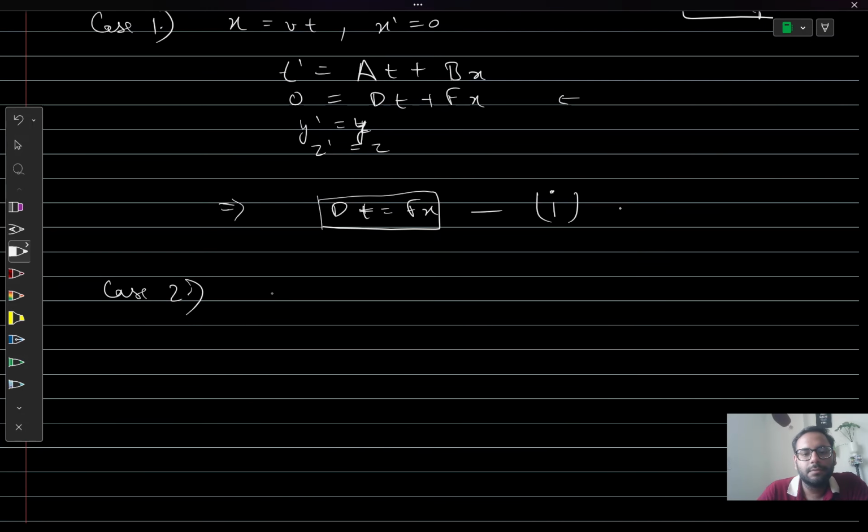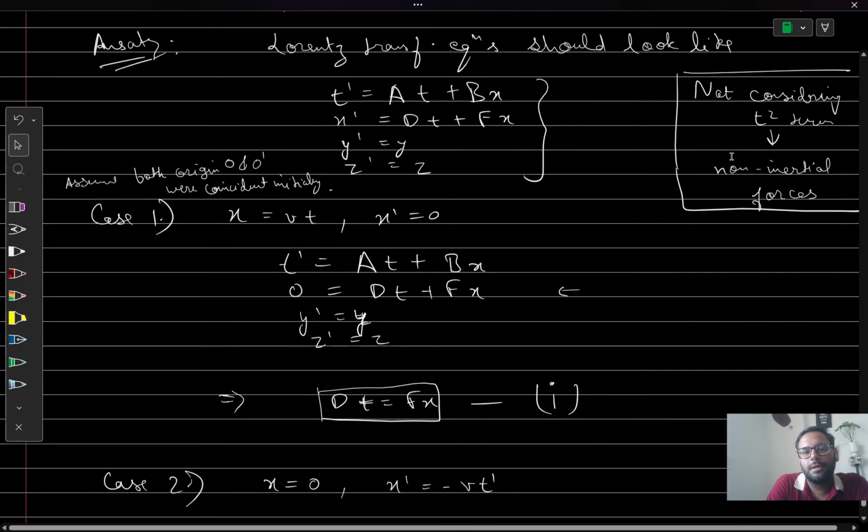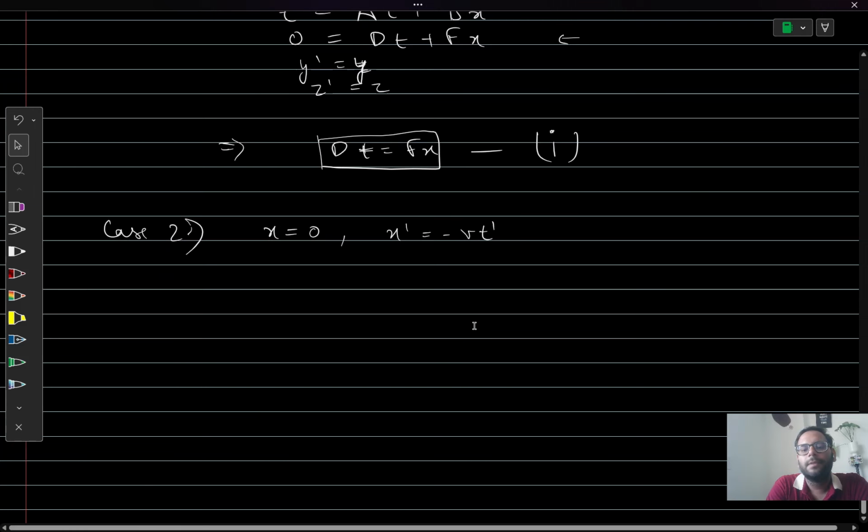Similarly, x is 0 and x prime will be minus vt prime. Put this in the above equations. There are two places where x has to be put to 0, and there is one equation where x prime has to be put as minus vt prime.